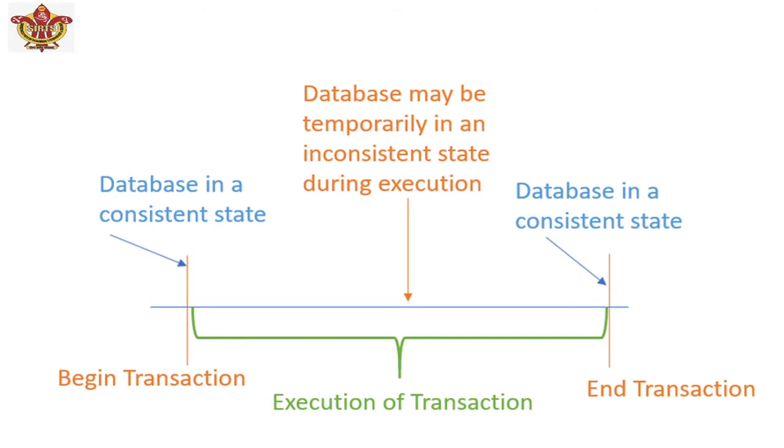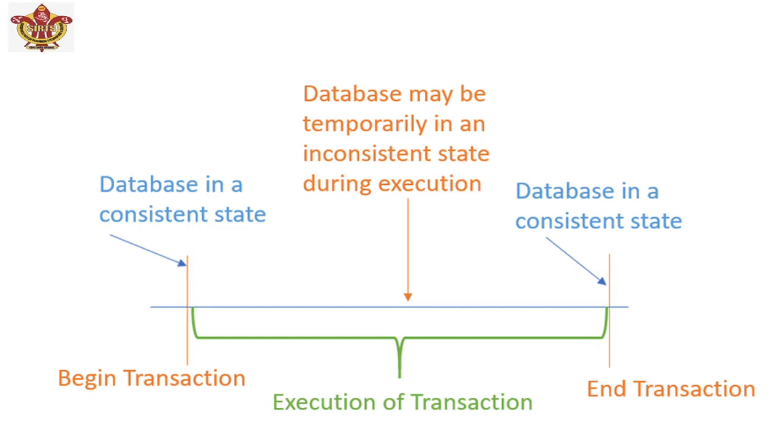So on the left hand side you can see the begin transaction, on the right hand side the end transaction, and in the middle the execution of the transaction, right? So here we can see the states of the transactions, the various states of the transaction concepts in DBMS, right?